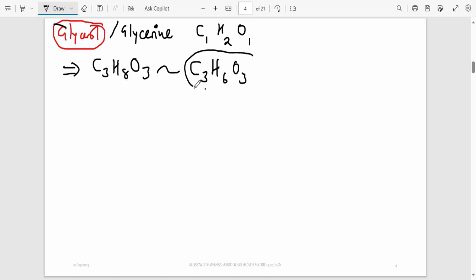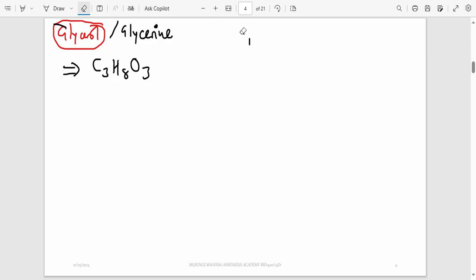So the formula C3H6O3 is for carbohydrates, trioses like glyceraldehyde and dihydroxyacetone. But C3H8O3 is for glycerol. And the way the structure looks, you are going to have three carbons. You have got OH, OH, and the OH, and then the rest will be the hydrogens.